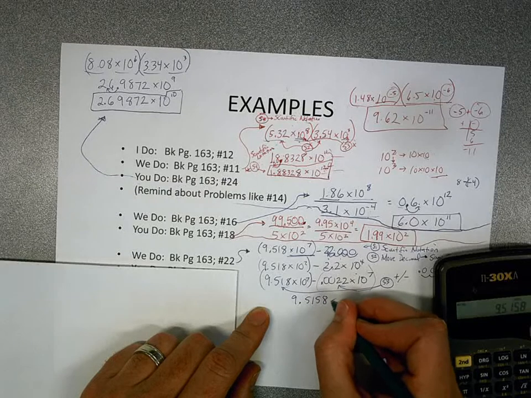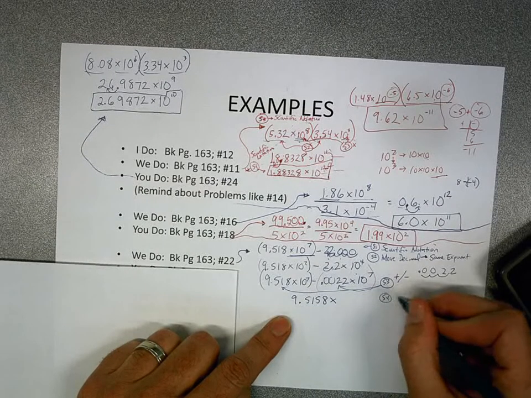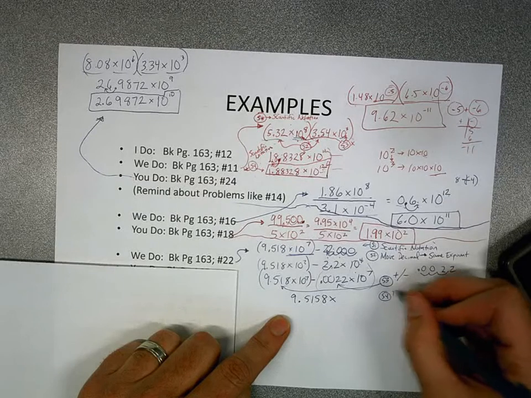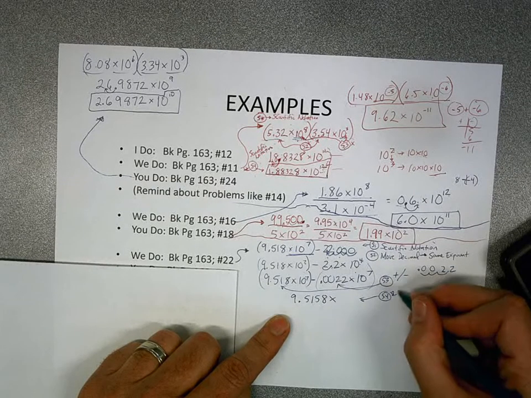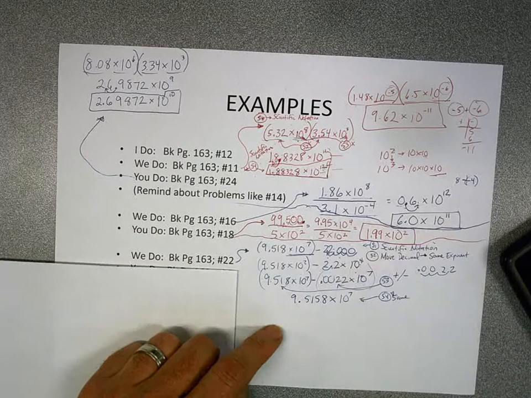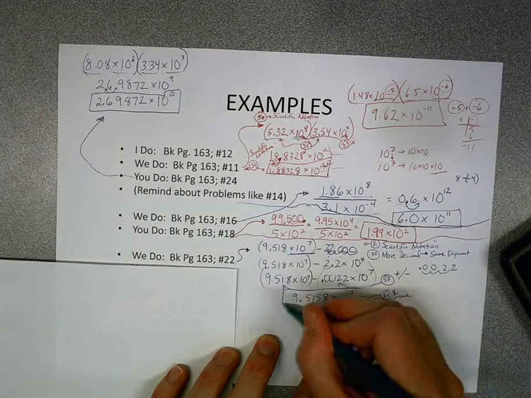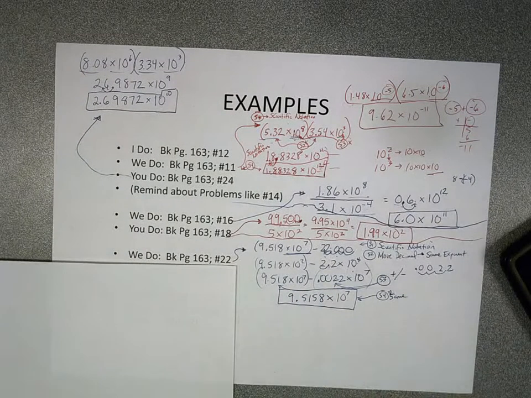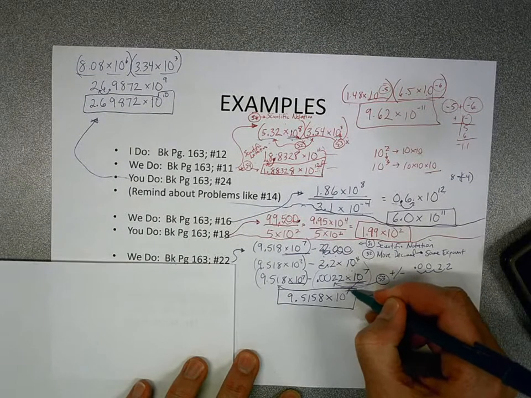And now, step 4. I'll just write the word same. This stays the same, times 10 to the 7th. We converted them to be the same, where we can now just move it down to our answer.